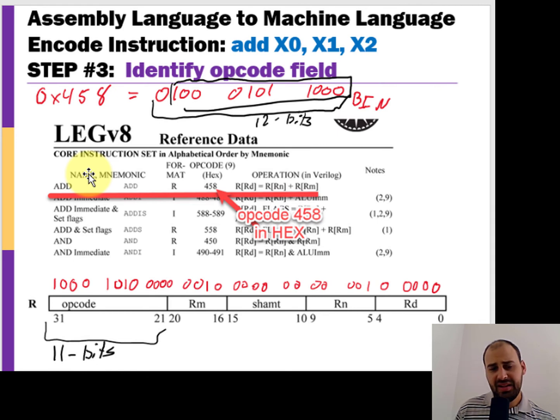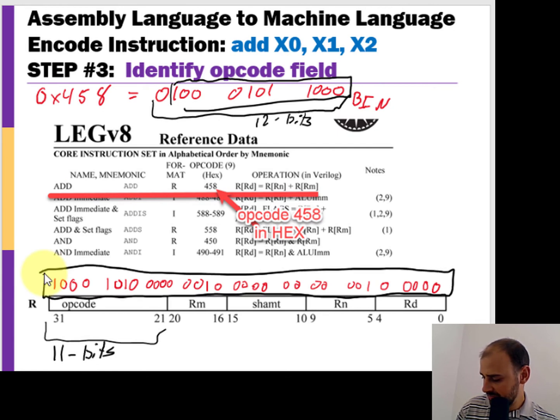So this is our final result in binary. That is the result of taking this add instruction and converting it into its binary representation.